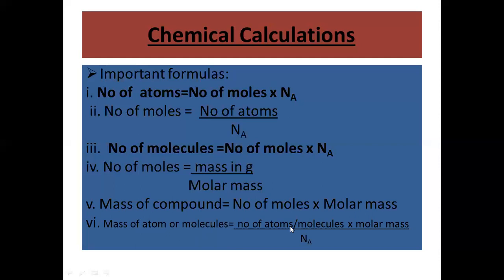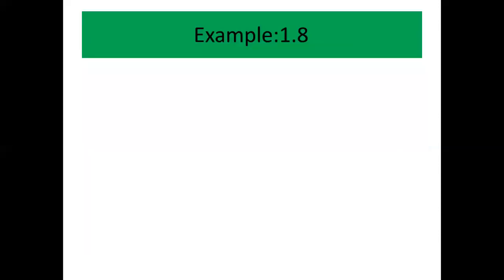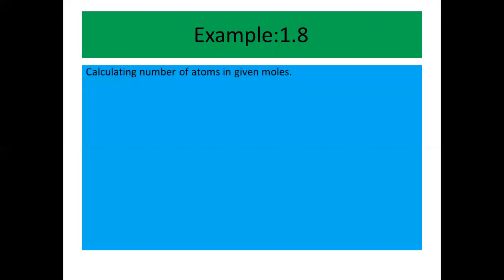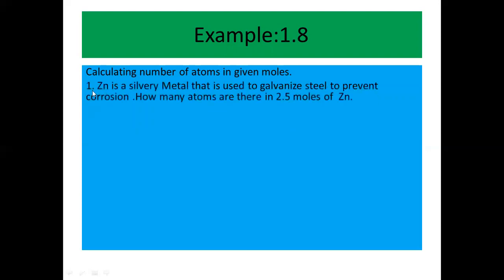Let us do some examples to understand these formulas. Example 1.8 of your book is calculating number of atoms in given moles. Moles are given and we have to find out the number of atoms. First example is of zinc. Zinc is a silvery metal, silver in color, and it is a metal that is used to galvanize steel to prevent corrosion.